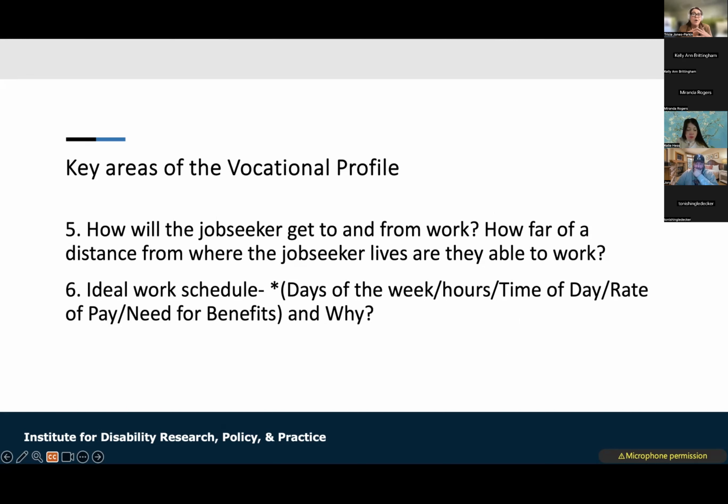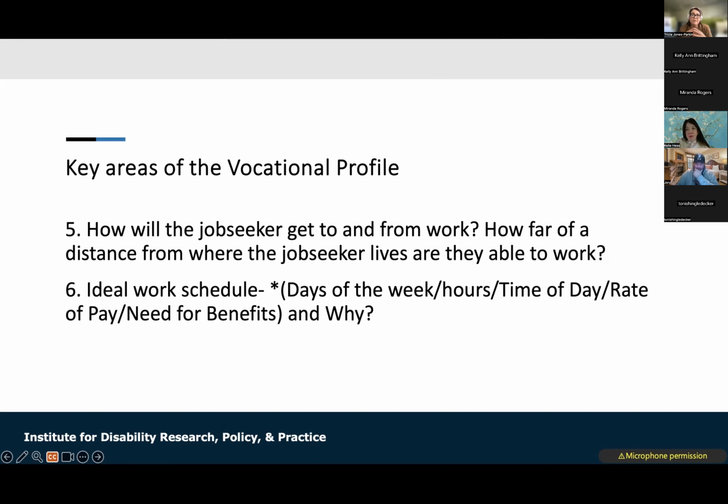Other areas, we've talked about how this person's going to get to work, and it's why we do some of that community mapping early on in the discovery process, to know what is within this person's space. I think this is also the tricky part if you're working with someone and you're only seeing them in your building, but you're not getting into their neighborhood or the place where they spend time.